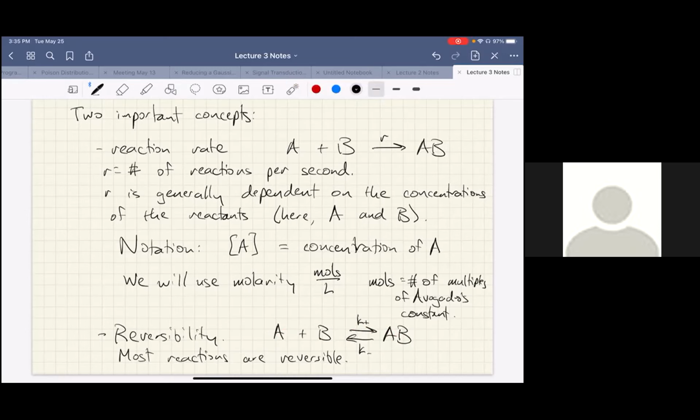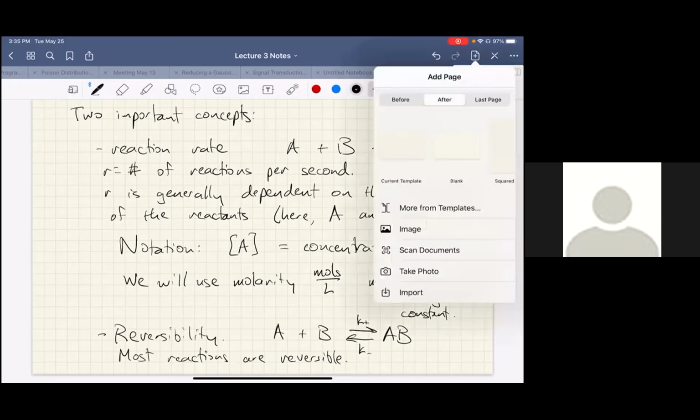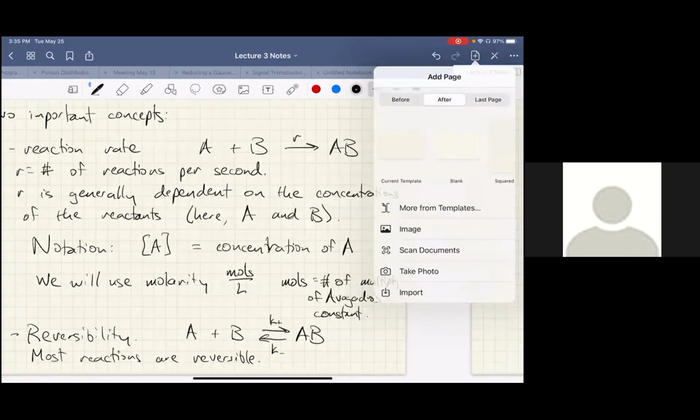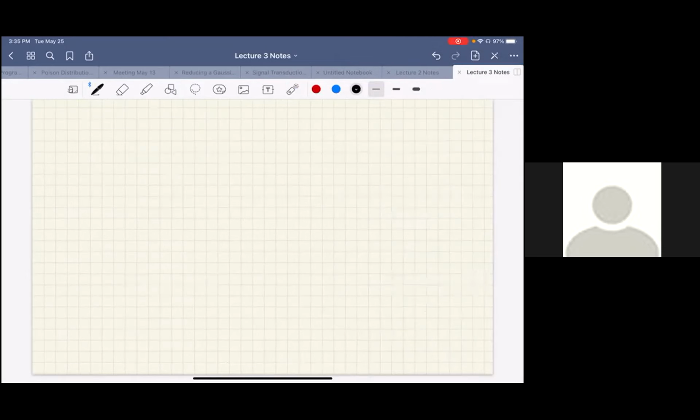All right, so we've talked a lot about kinetics. Now it's time to actually analyze these systems mathematically. And one of the principal ways chemical reactions are analyzed is through a principle called mass action kinetics.